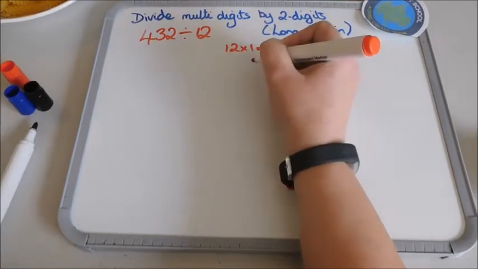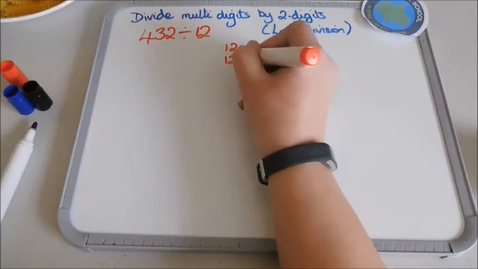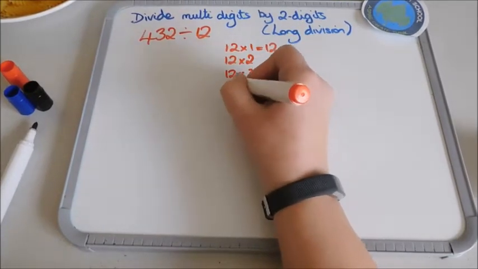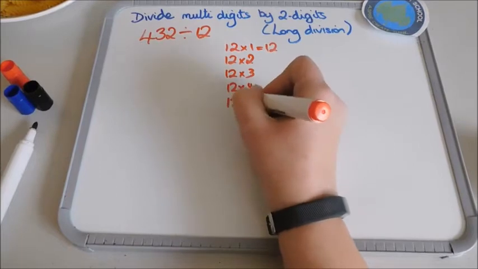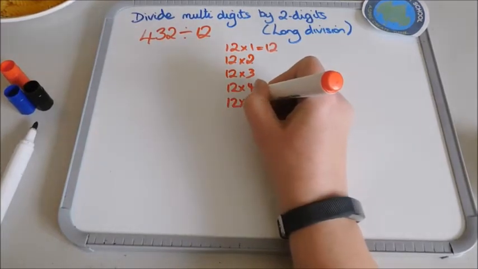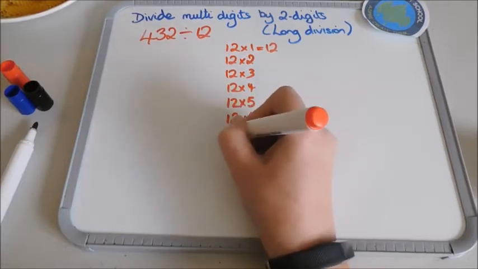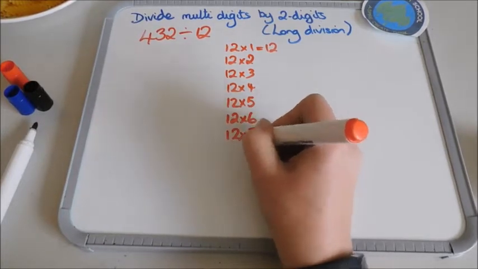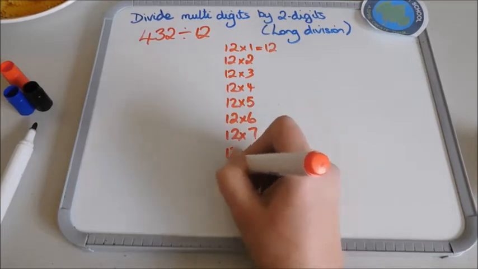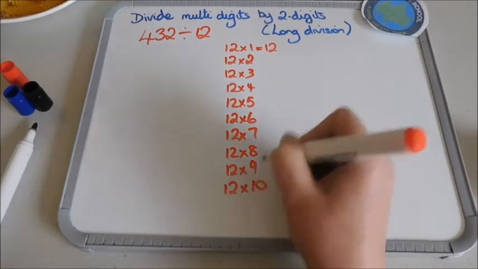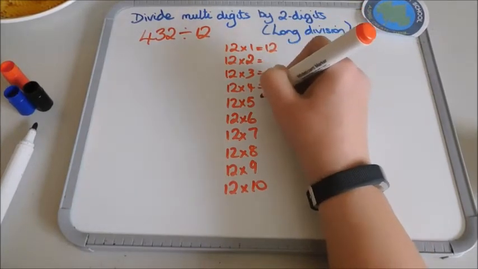Right, so I write down my 12 times table, and I'm going to go up to 10 times. Children have got a multiplication grid in their planner, but they can get into the habit of doing this themselves, because just the writing out of it helps to log it in their mind.